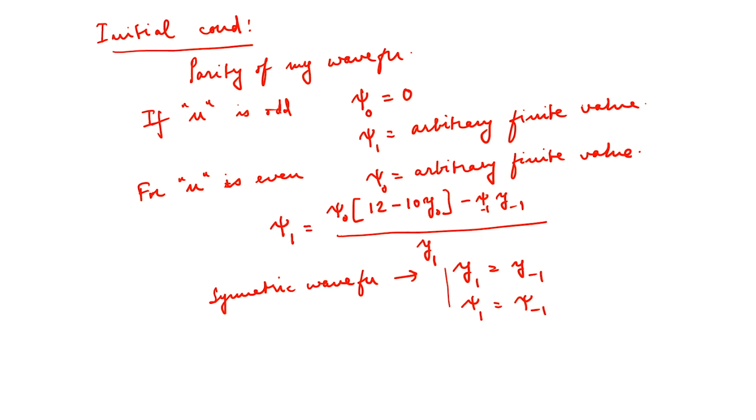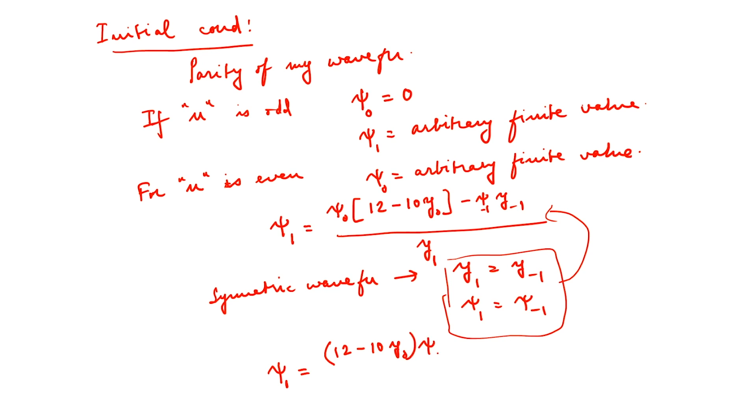If we use these conditions in this equation, the second initial condition, psi 1, we get as (12 minus 10 y 0) psi 0 by y 1. So, this is how I initialize the wave function.